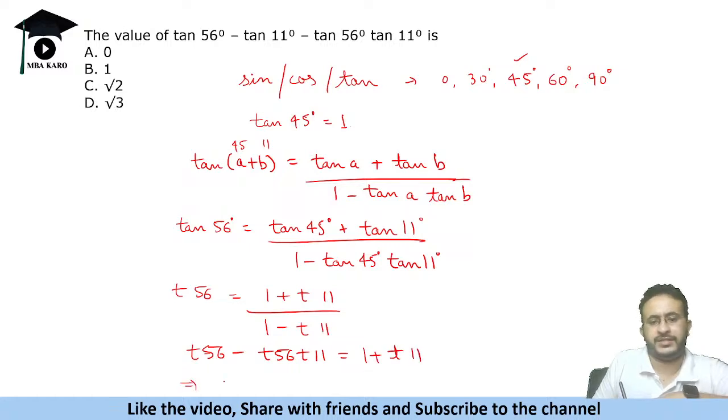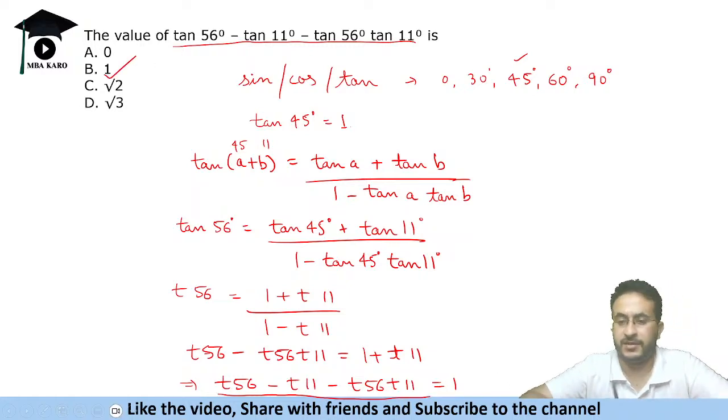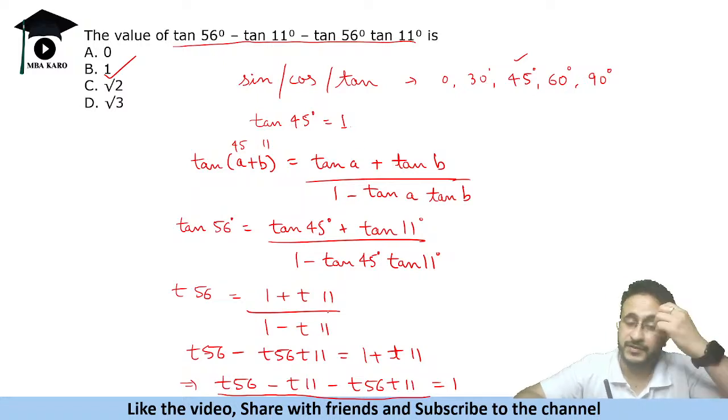So it implies T56 minus T11 minus T56 T11 is equal to 1. ये इसी की value पूछी है, right? What you got? The value is 1. This is the proper way to solve. This is the proper conventional way to solve.